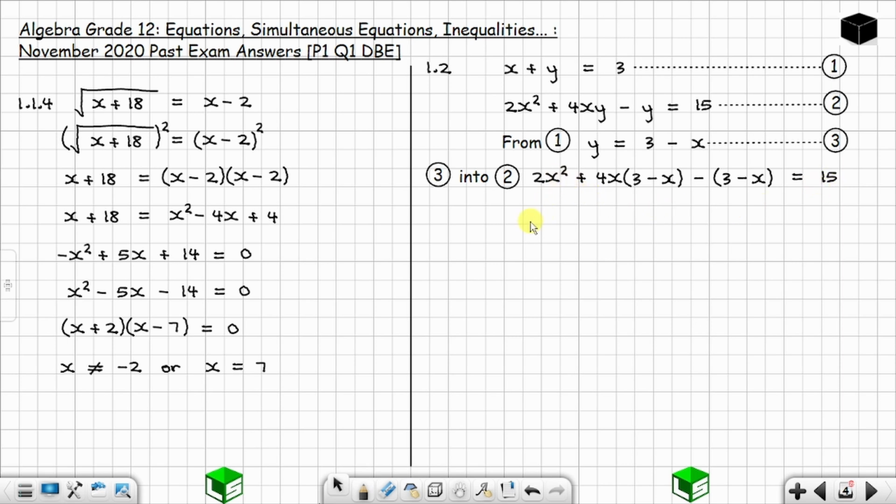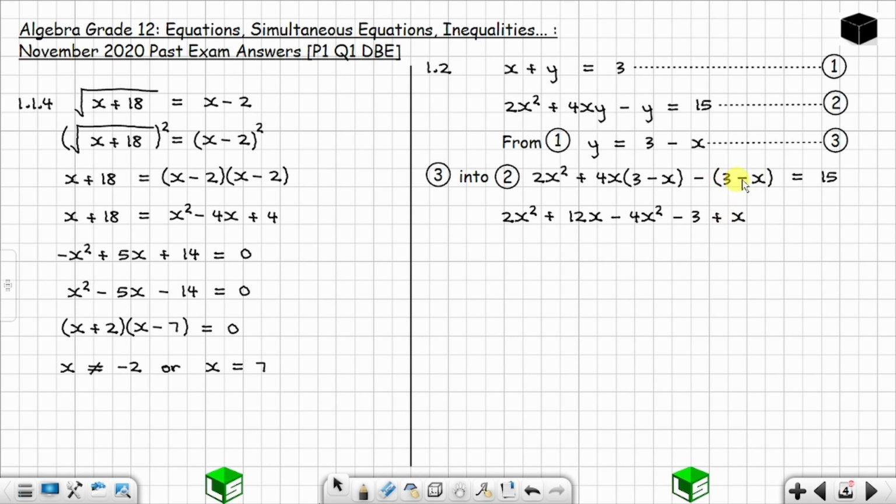Okay, and so you carry on. You have 2x squared plus this 4x times 3, which will give you 12x. And then you have 4x times negative x, which will give you negative 4x squared. I hope you can see that. And then you have negative 3 plus x.